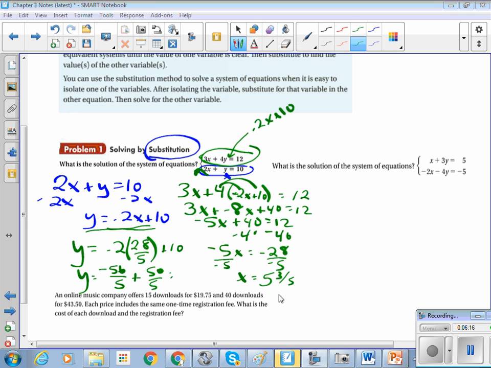And so -56/5 plus 50/5 is 6/5, or 1 1/5. So my exact solution to this problem is 5 3/5, comma 1 1/5.